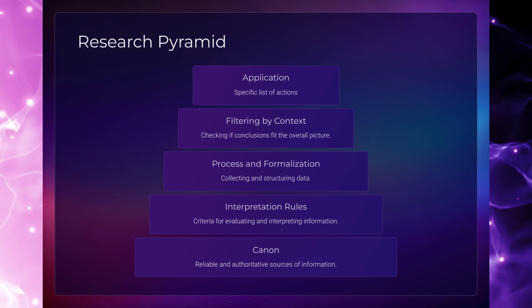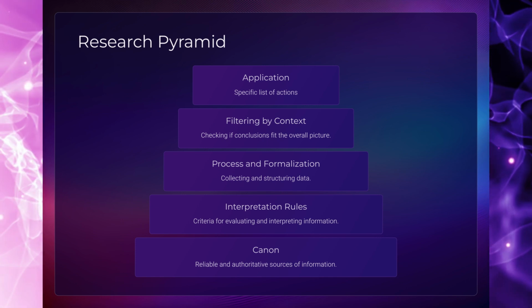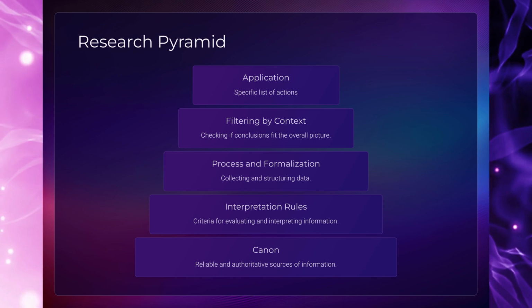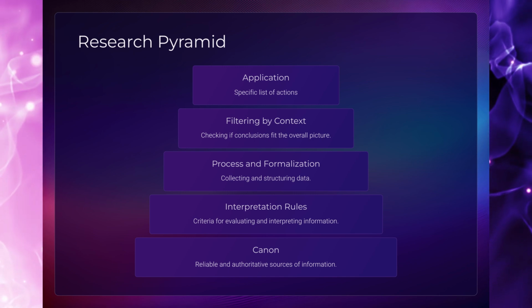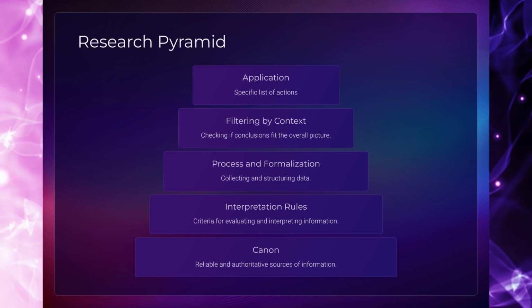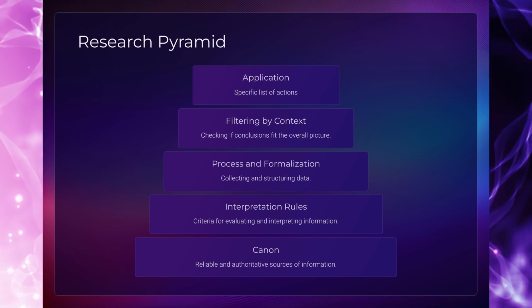We collect data according to established rules, structure information for better understanding. We create summaries, use diagrams and graphs for data visualization. After that, we filter the information in the context of the sphere and object, check whether our conclusions correspond to the overall picture, take into account the specific features of the topic.